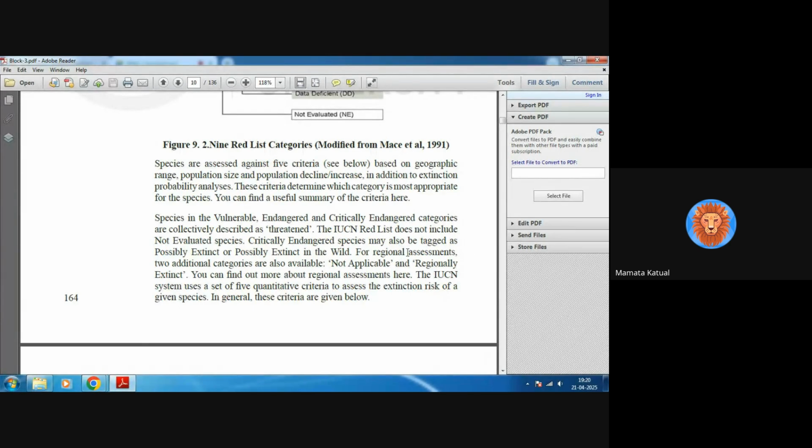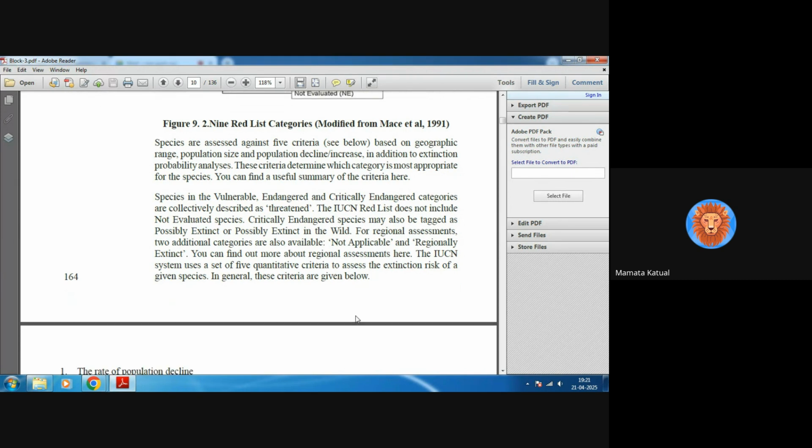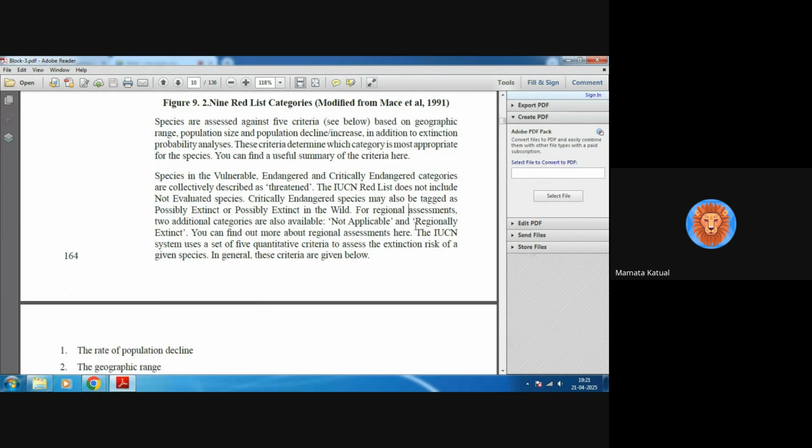If we assess in any small region, then you can include not applicable and regionally extinct. Regionally extinct means it is extinct only in that region, and it may be present in other parts of the world.